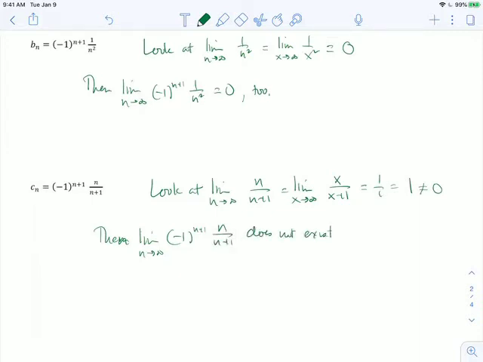And the idea here is that the even terms are approaching -1, the odd number terms are approaching +1.